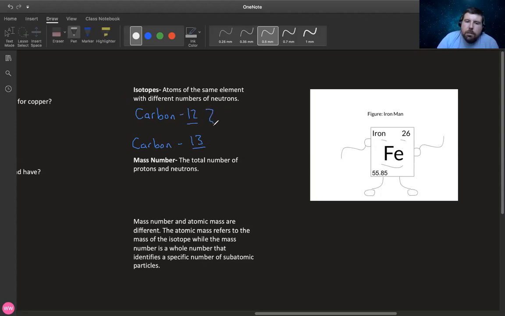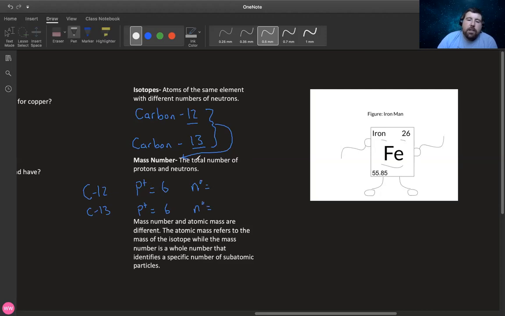Well, these are carbon's mass numbers, which specifically refer to the total number of protons and neutrons. Earlier, we defined carbon as having 6 protons, so both carbon 12 and carbon 13 have 6 protons. This comes from the atomic number, and the number of neutrons is going to be different for each one because these are isotopes of each other.